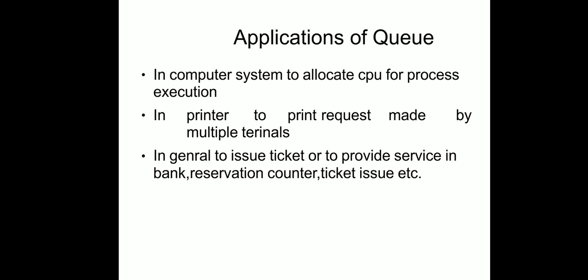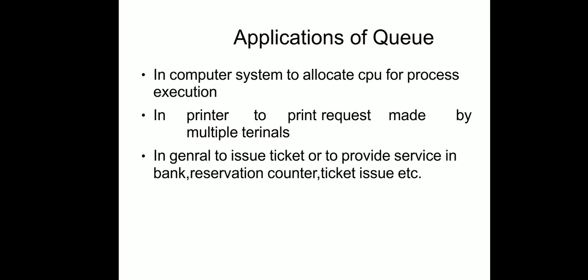Now at which points is the queue applicable? In many applications, queue is useful in the current market. So in a computer system, when you allocate a CPU for process execution with the help of memory, to allocate the CPU we use the queue. So whichever job comes first in the queue will get the CPU first for execution.